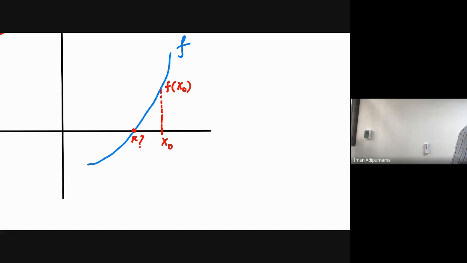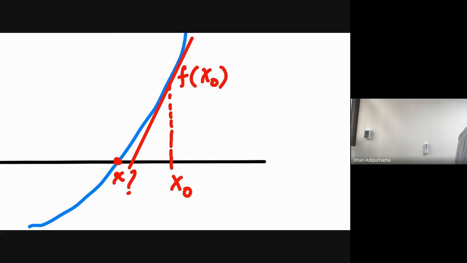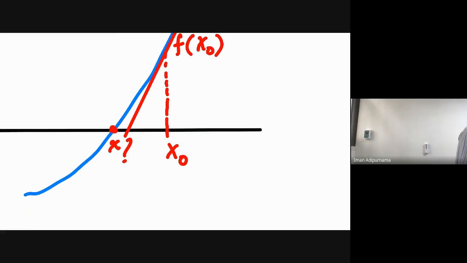And we can approximate another x from this point by drawing the tangent line at this point, x0, and the tangent line will cross this x. Let's say the second x that we find is x1, which is getting closer to our real root, right?